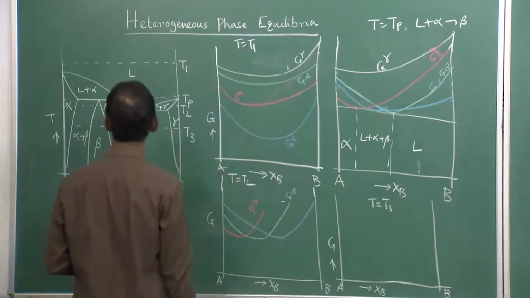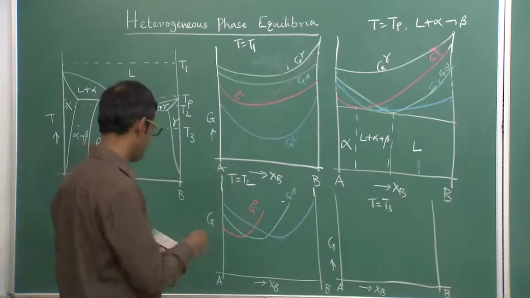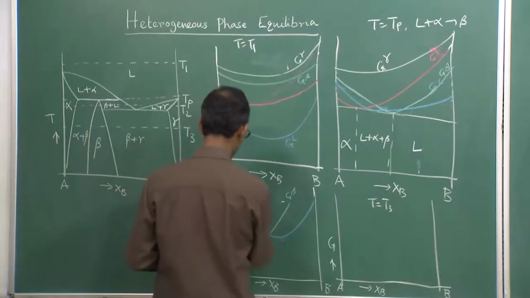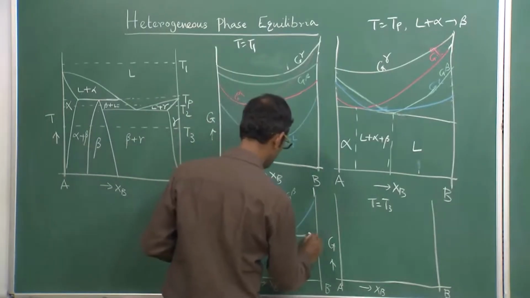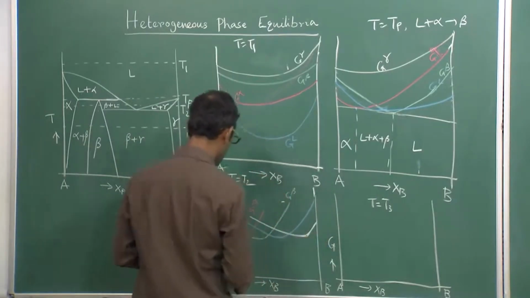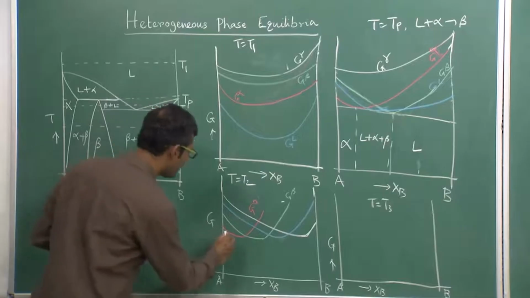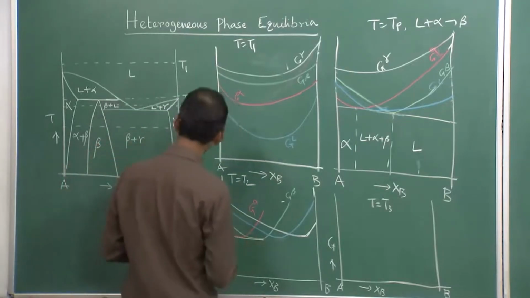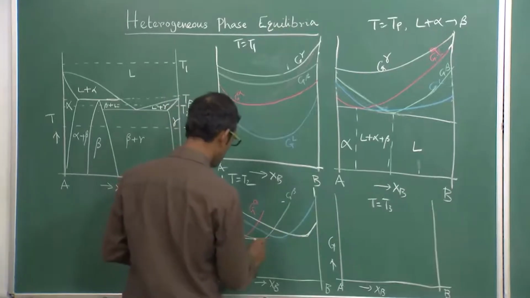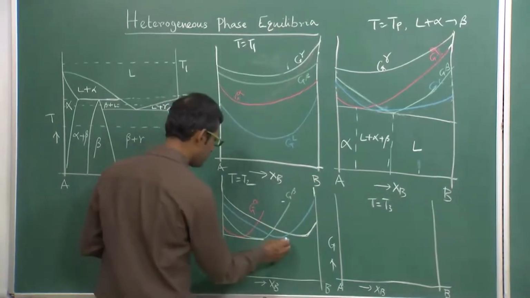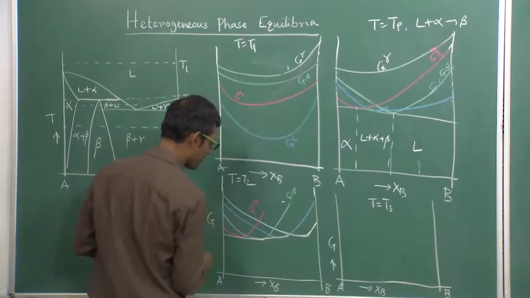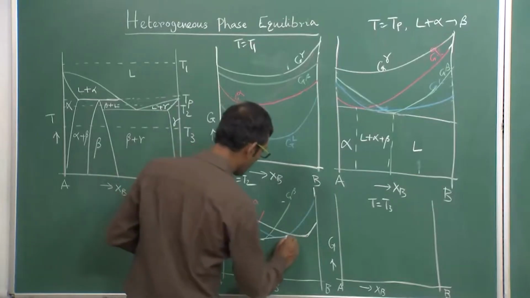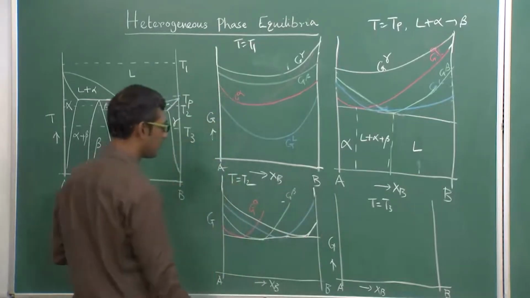Okay, and then you have a gamma coming into picture. So what I will do, I will do a common tangent between beta and alpha, then common tangent between beta and liquid. Common tangent between beta and liquid will be something like this, and then a common tangent between gamma and liquid.